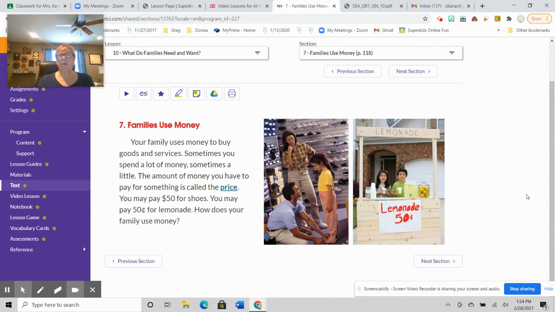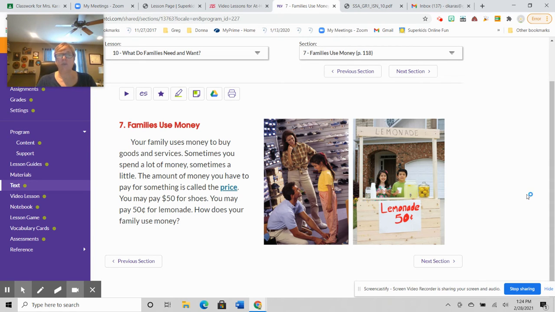Families like to maybe treat themselves to a special dinner, or they save their money to go on a vacation, or they celebrate different occasions in their family, or they just like to do different activities as a family.